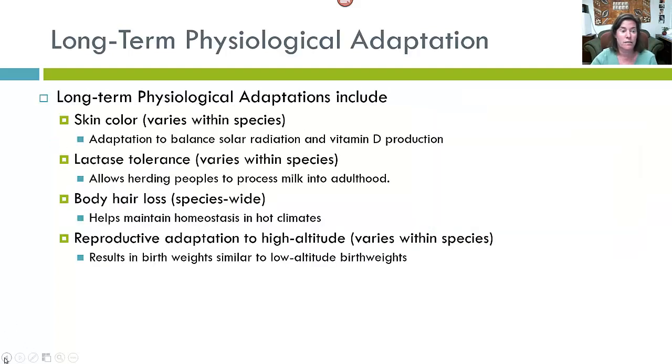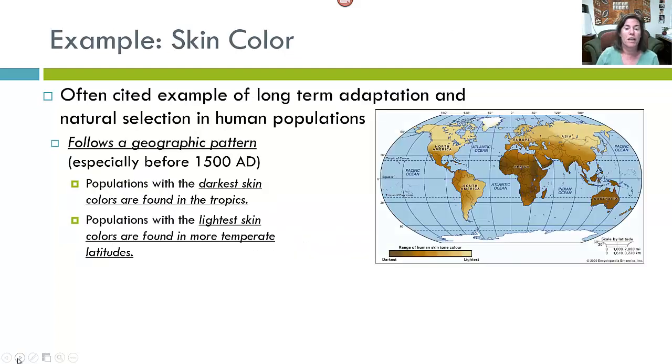All right. Skin color is probably the most cited example of long-term adaptation and natural selection in human populations. It follows a geographical pattern, especially before 1500 AD when people really started moving around. One of the things they found is that populations with the darkest skin colors are found in the tropics, closer to the equator, while populations with the lightest skin colors are found in more temperate environments.